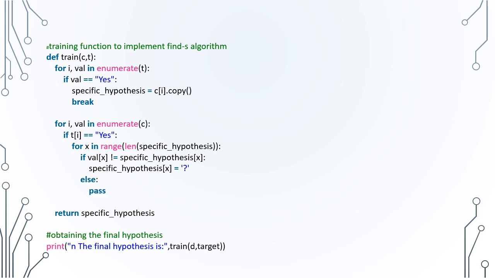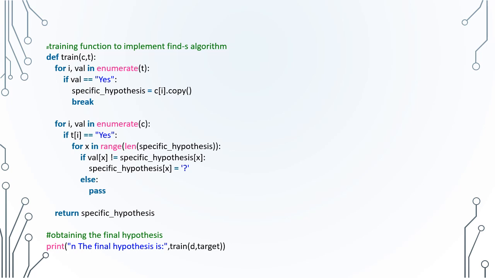Then for i, value in enumerate(c), if t[i] equals yes, then for x in range of the length of the specific hypothesis, if the value of x is not equal to the specific hypothesis, then we set the specific hypothesis to a question mark. If it is not, it stays the same. Then it returns the specific hypothesis.